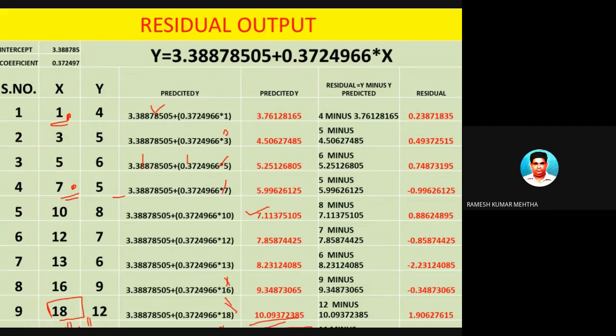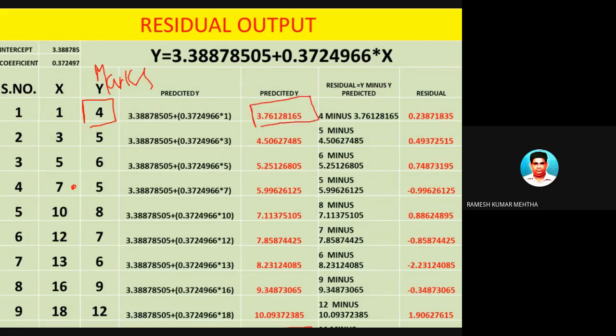Now we are going to find out the residual or the error in the model, and the individual errors of individual observations. So how do you find out error? This is the actual number of marks secured, and this is the predicted marks.